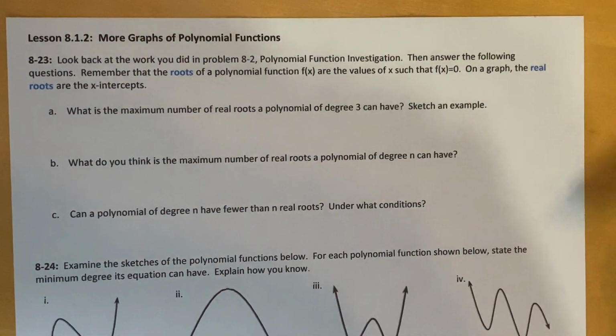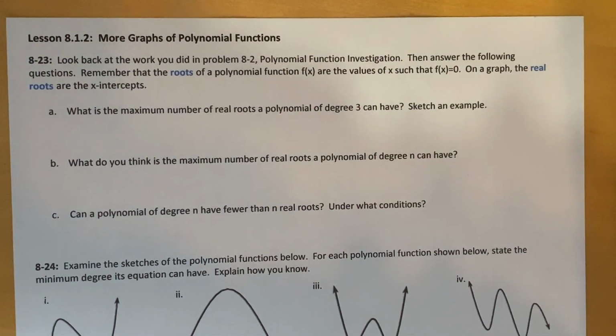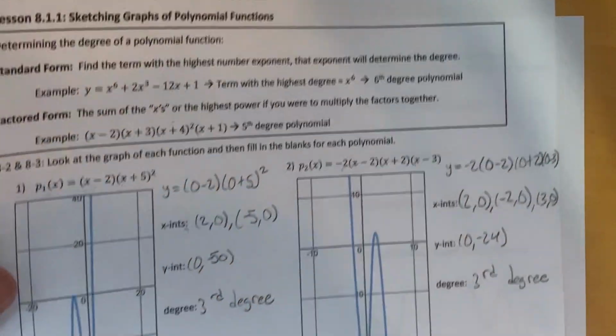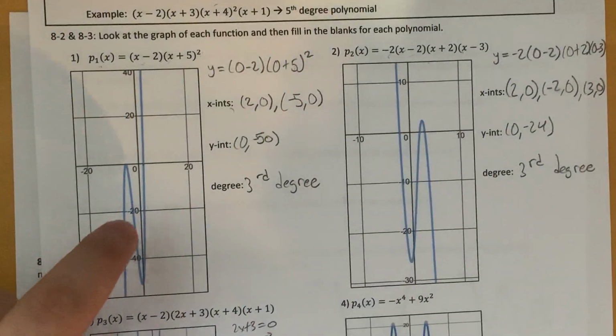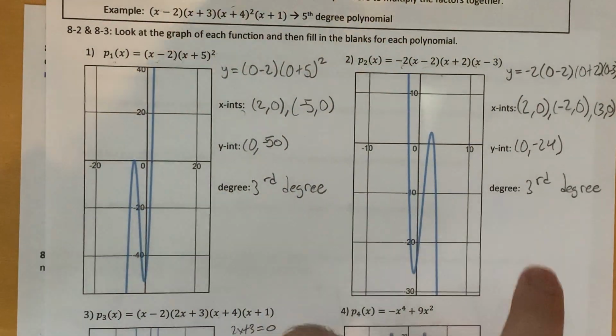What is the maximum number of real roots a polynomial of degree 3 can have? We know that a third degree changes 3 times, but if there's a squared, it can have less than 3 real roots. But the max it can have is 3 real roots. Hopefully we realized that when we were doing yesterday's lesson. So if I bring back the first page right here, we can tell that this one has 2 real roots, even though it's degree 3, and this one has 3 real roots, even though it's third degree.